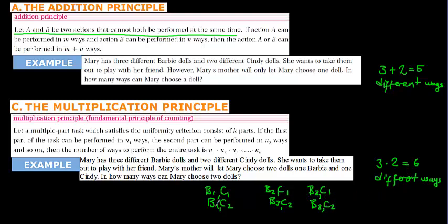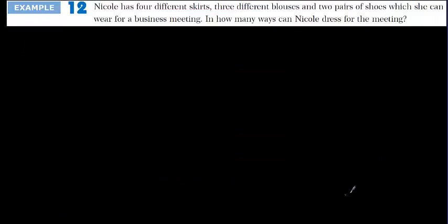She is choosing 2 dolls each time. So there are a total of 6 different ways to choose 2 different dolls. So we are going to multiply them, because the task happens together, it means that we multiply.